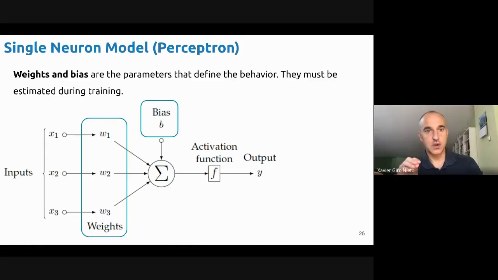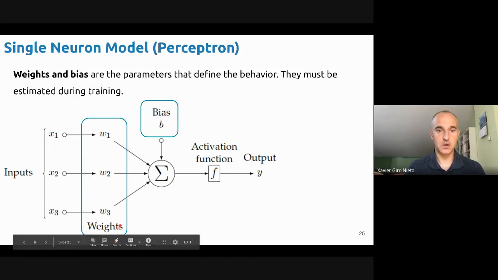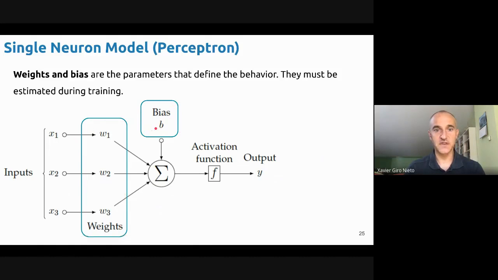The behavior of the perceptron is modeled by the weights that we have here and the bias. So these are the values that we are going to be estimating when we train our models.